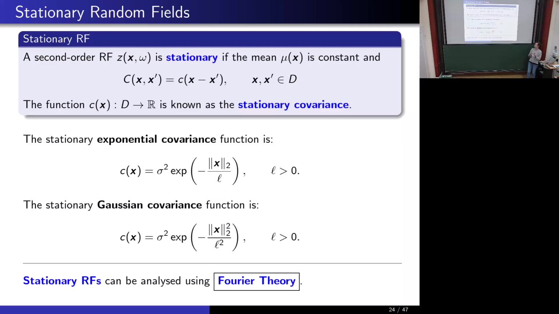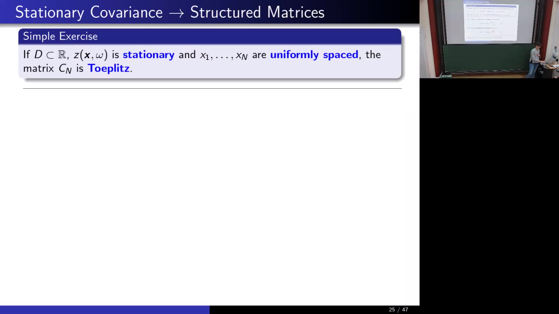And if we have stationary covariance functions, then we can do more because we have more structure. In a nutshell, it's a big field of analysis: stationary random fields are closely connected to Fourier theory, and Fourier theory usually allows you to do things efficiently when it comes to numerical methods.